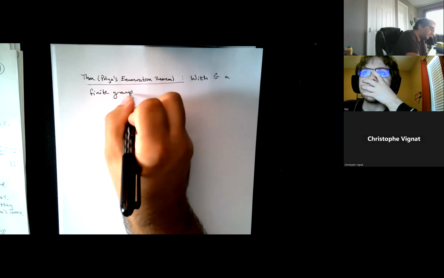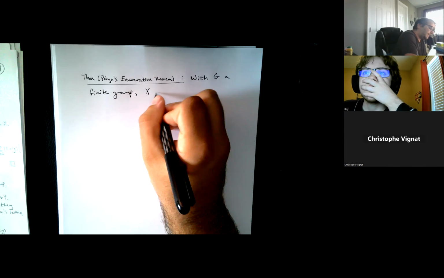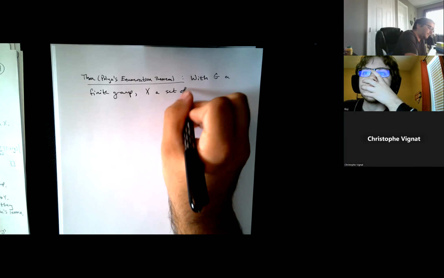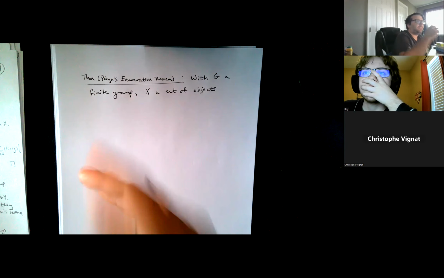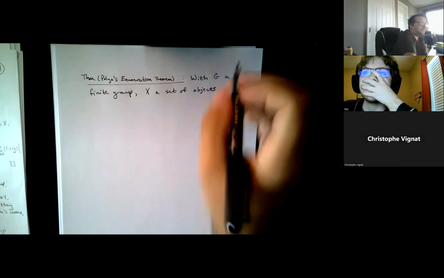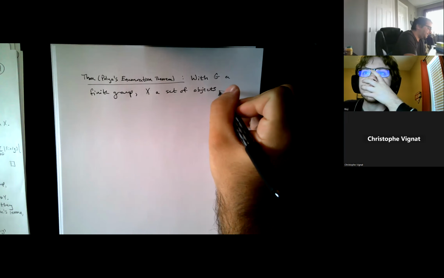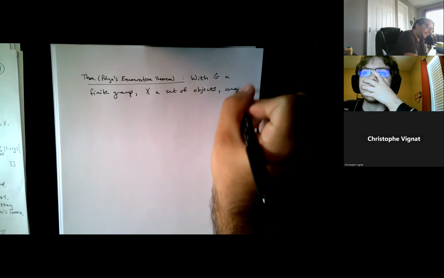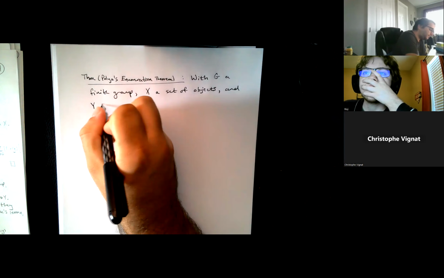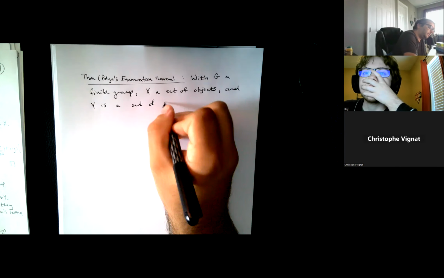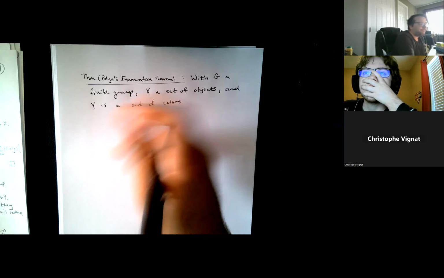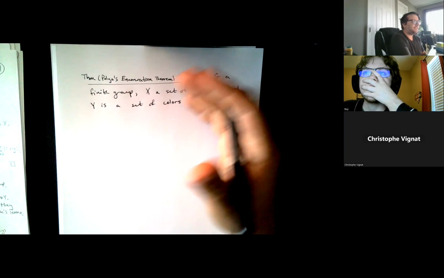Okay, so if G is a finite group, X is a set of just objects, some elements. So X is a set, I should really say. And Y is a set of colors. So mathematically X and Y are just sets.